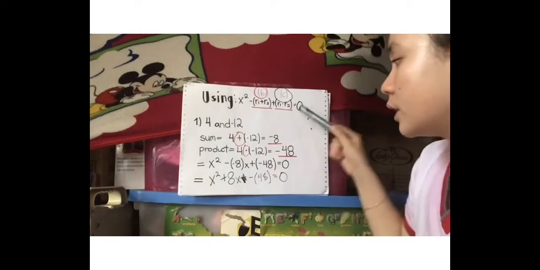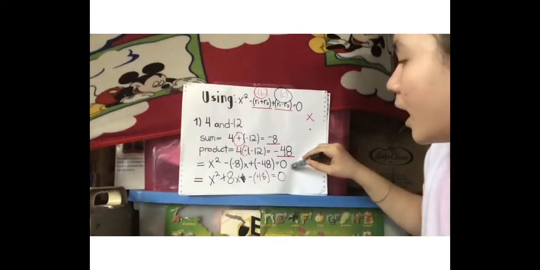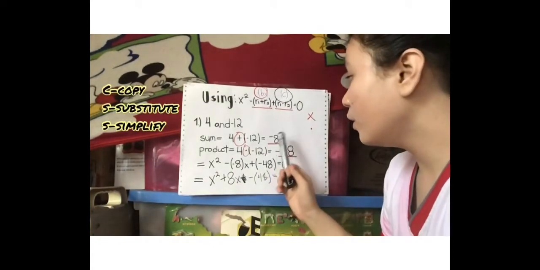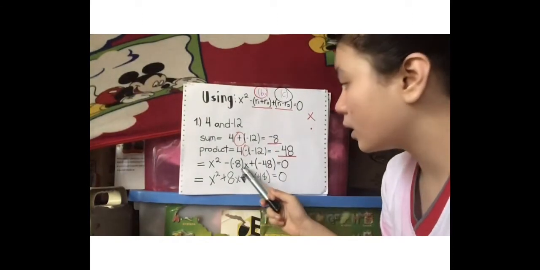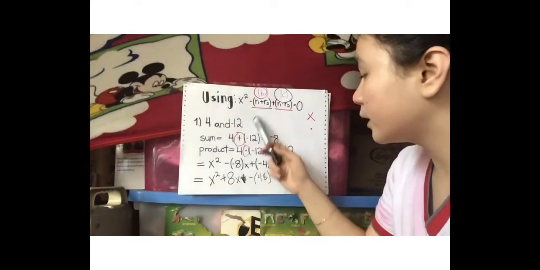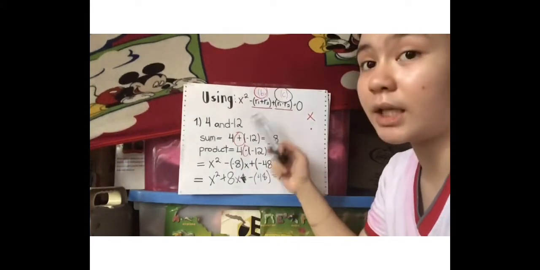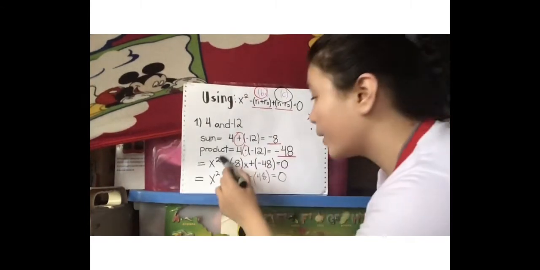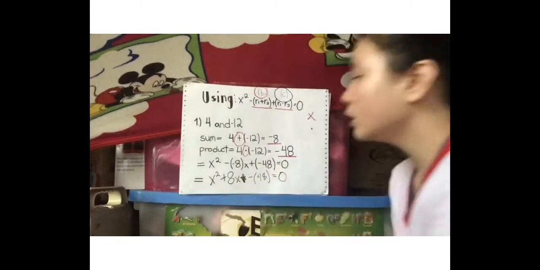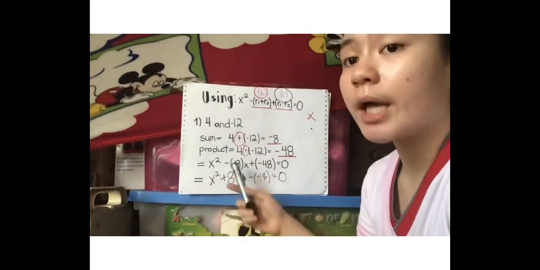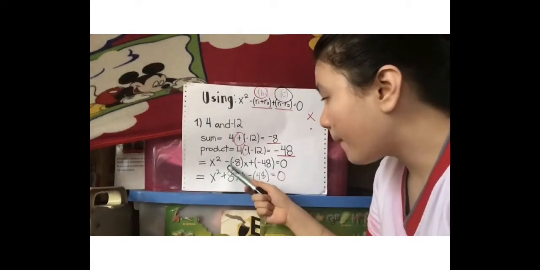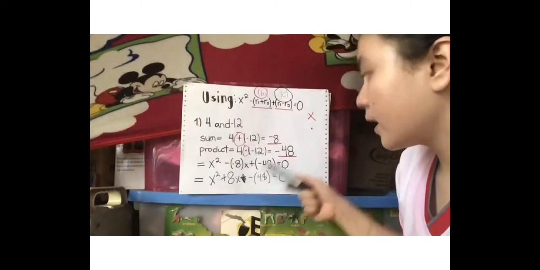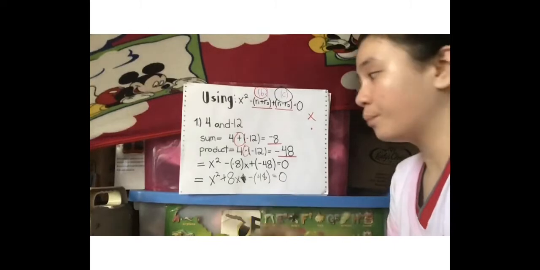So you're just going to be copying it, and then the values of the sum and product will just be substituted on these blanks, which is the formula that I told you earlier, as well as here. So, x squared minus negative 8x plus negative 48.